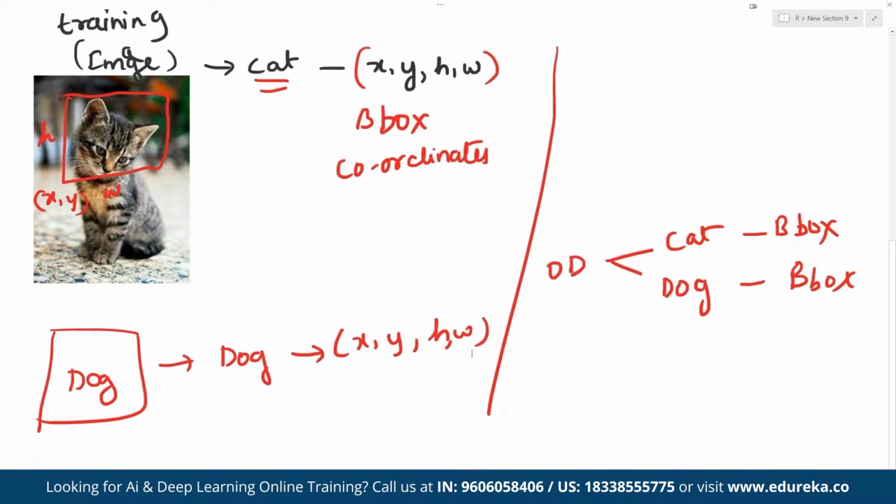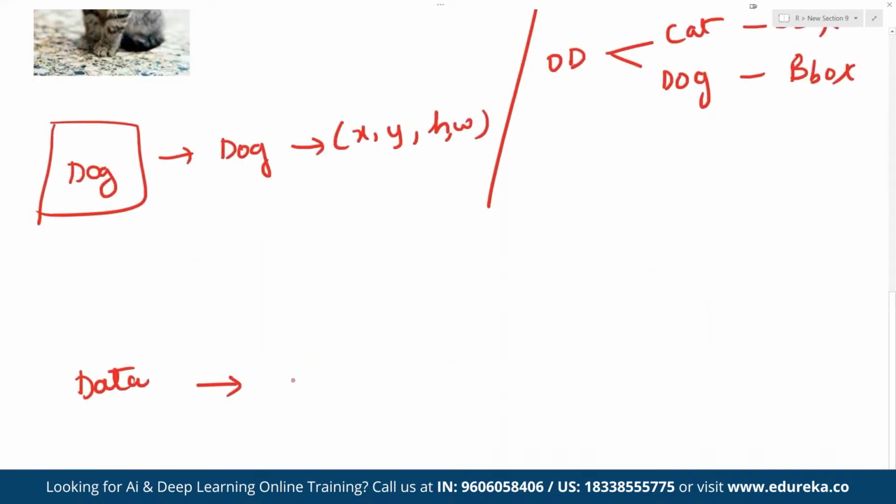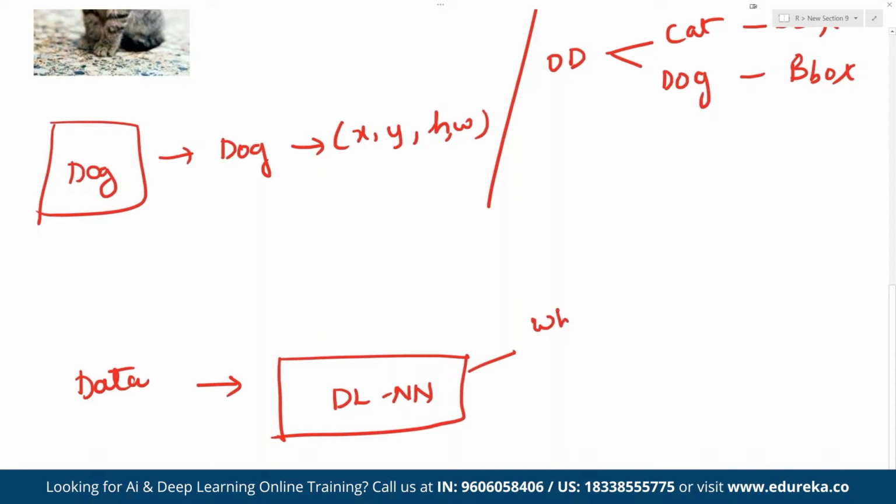Now I'll be using all this data, making use of my deep learning neural network. Using this deep learning neural network, I'm going to train the model such that it learns to identify what is present in the image, and it also learns to identify where exactly the object is present if it identifies what.